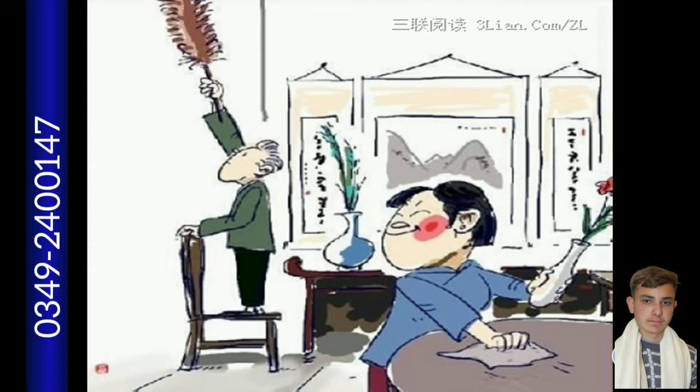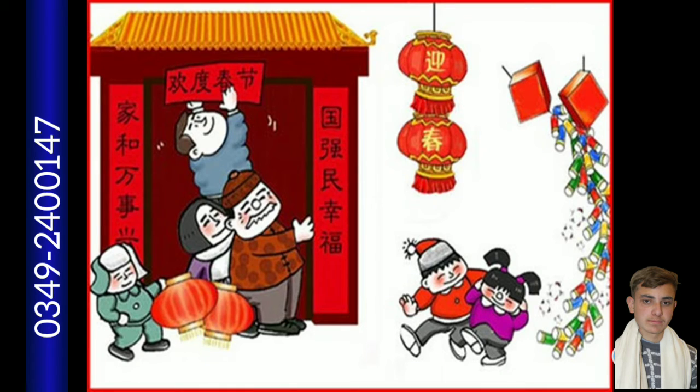Before the Spring Festival, we first clean the house. And then they paste, as you can see in the picture, some words on the door, right? We call that a couplet.